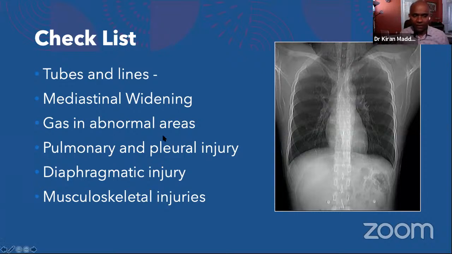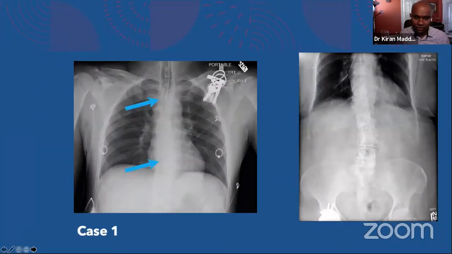Everything makes a clinical implication. Then pulmonary and pleural injuries and diaphragmatic injuries, which are sometimes very tricky, but they can be catastrophic. Musculoskeletal injuries, unless you pay dedicated attention, it's difficult to pick up all the musculoskeletal injuries in a chest radiograph. So to begin with the tubes and lines, this is my case one here.